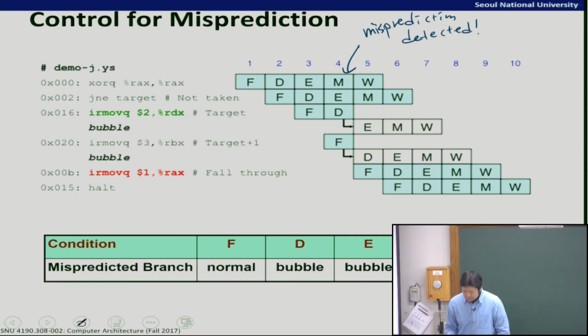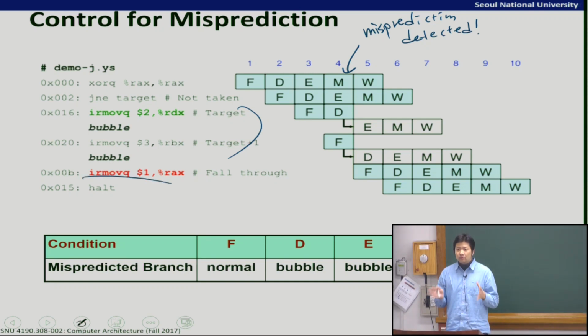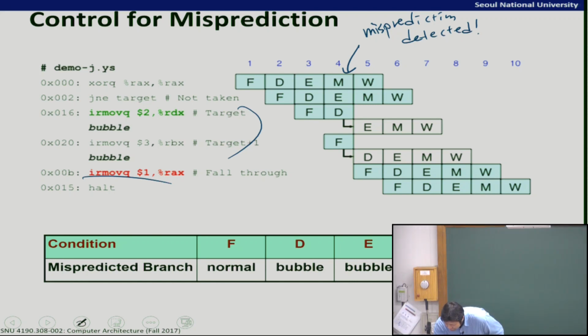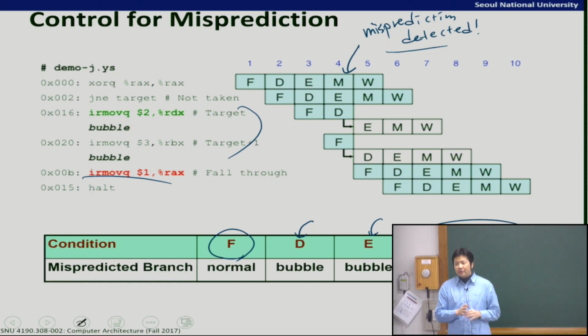then we can insert bubbles, basically turn these two instructions into bubbles. And then we fetch from the correct PC, the correct destination of the branch. So if this situation happens, then in the next cycle, we replace these two instructions in the D and E stages with bubbles, and the other instructions actually move forward, and we fetch the correct instruction in the fetch stage.